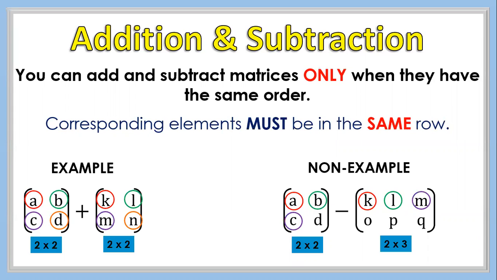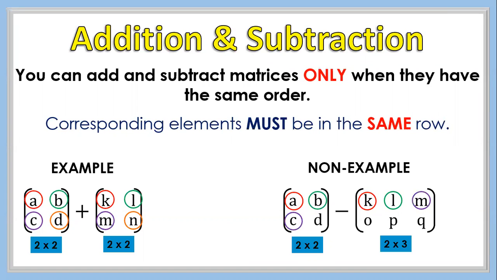In the first row, in our first matrix, we only have two members. And recall that corresponding elements must be in the same row. So because the third member in our first matrix is in the second row, and the third member in our second matrix is in the first row, then these two matrices cannot be subtracted.